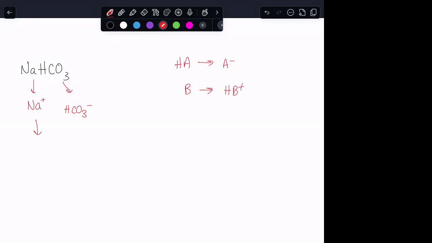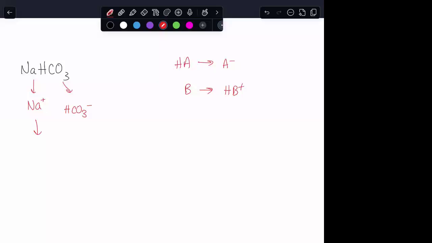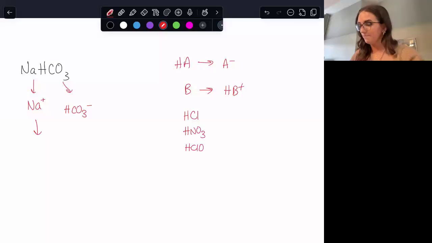Does anyone know our 6 strong acids? HCl, HClO4, HBr, HI, HNO3, right?